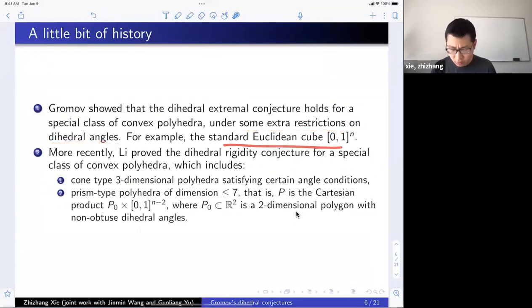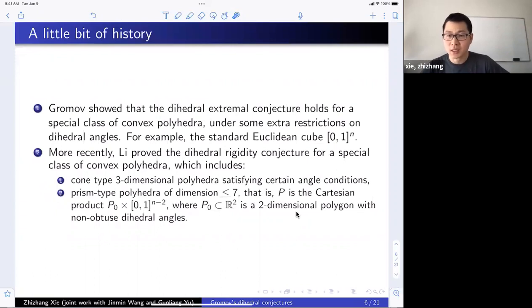For example, the standard Euclidean cube, where the way Gromov proved this is by saying if you have a convex polyhedron that satisfies an angle condition based on symmetry, for example, this guy, you can do reflections of this guy. Roughly speaking, if this guy has some symmetry built in, then you can use the original convex polyhedron and do reflection to get a closed object or a complete object.